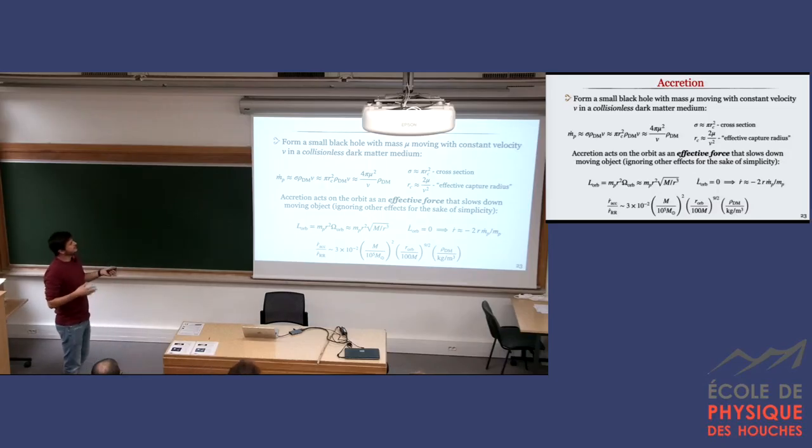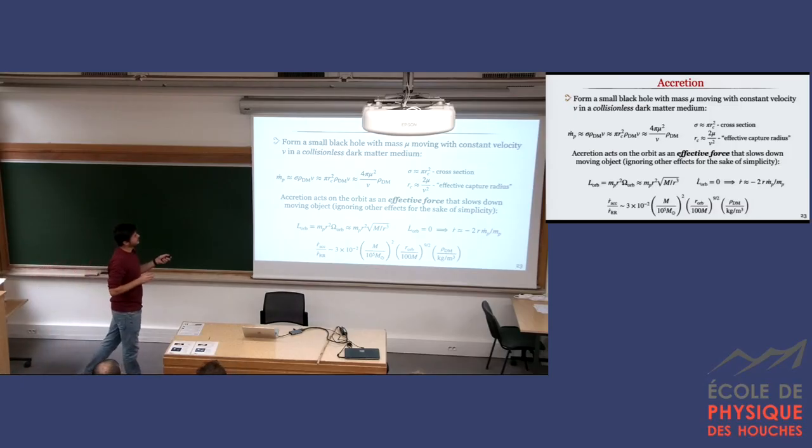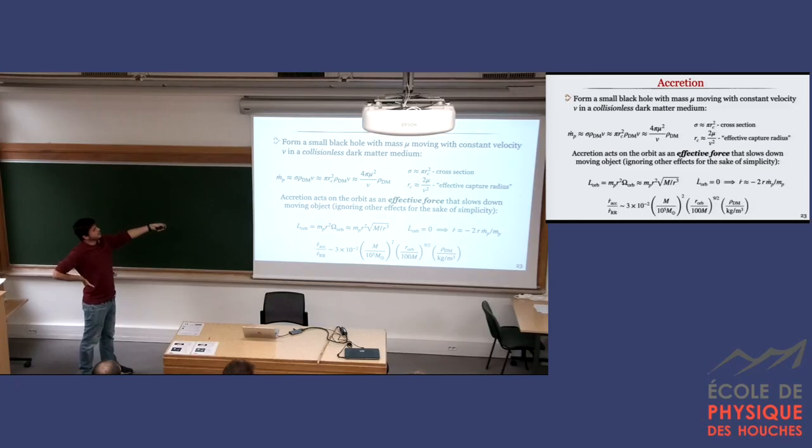If you do a very simple calculation, in this case I'm again considering collision-less dark matter, because that's an easier calculation. In this case of a collision-less fluid, the accretion rate basically scales as the cross-section of your object times its density times its velocity.